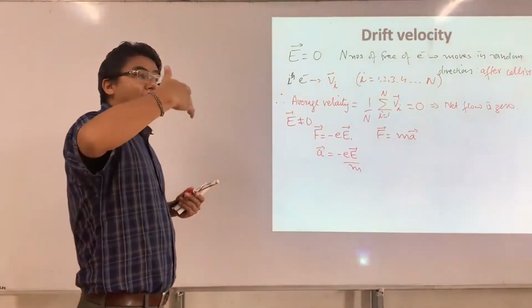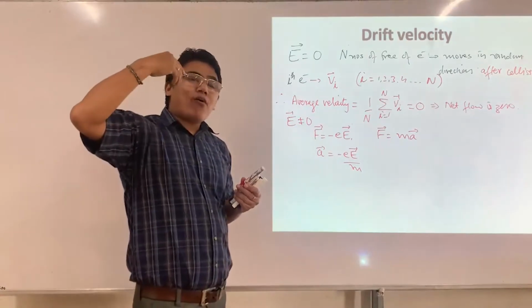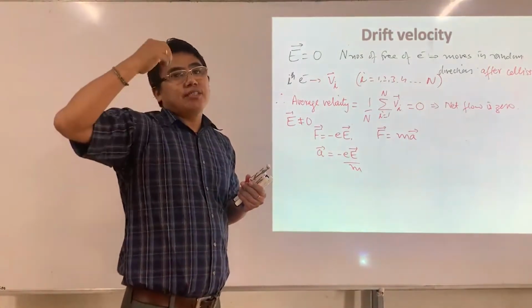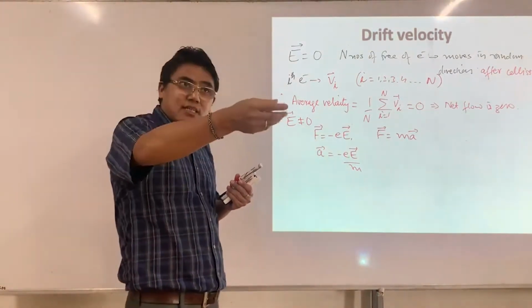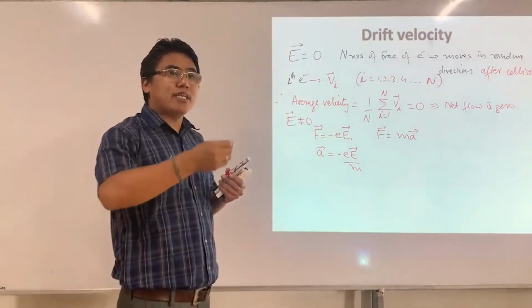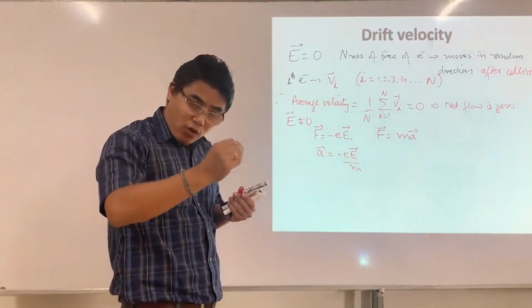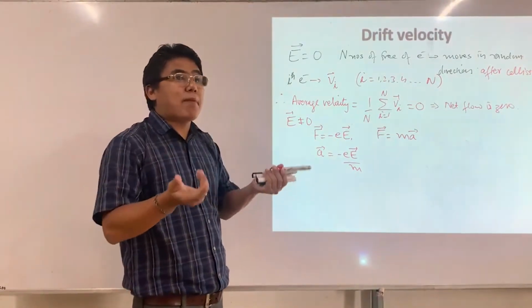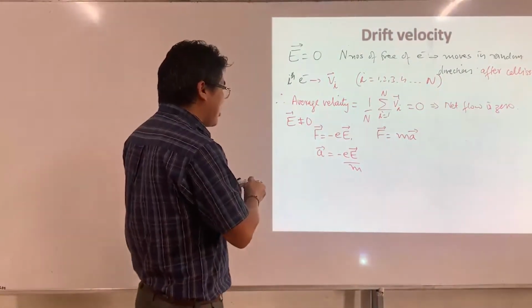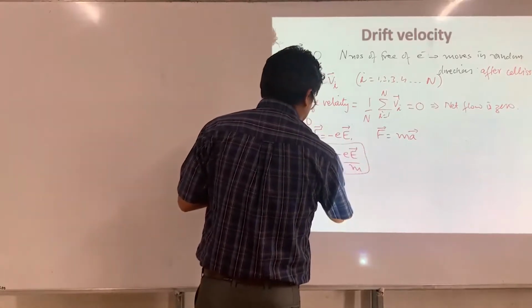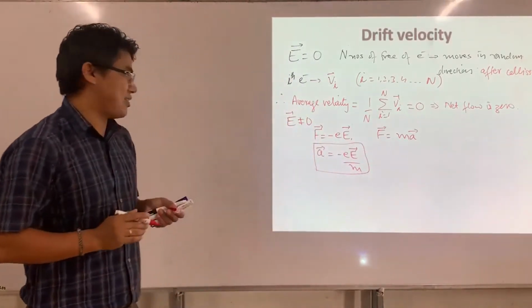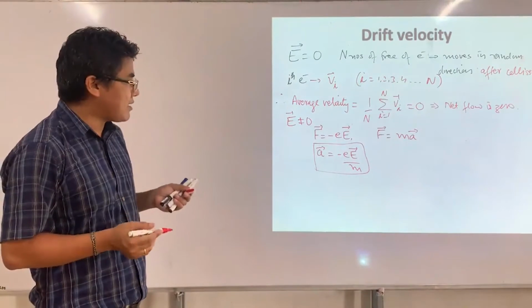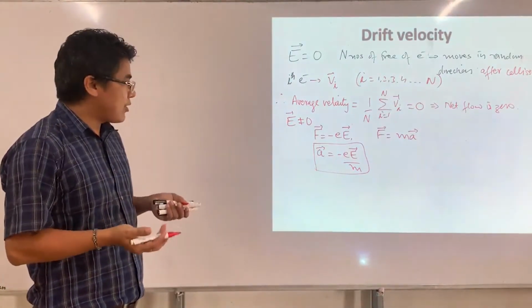So when electrons collide with or hit positive ions, they come back with the same velocities and undergo acceleration because of the applied electric field. How much acceleration? This much acceleration. The minus means the direction is opposite to the electric field.